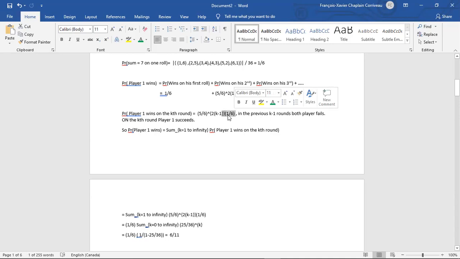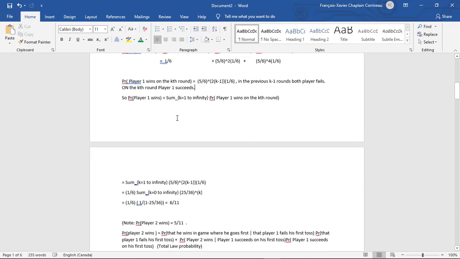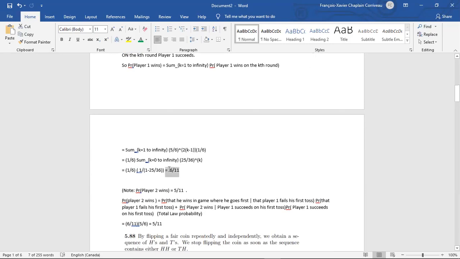So the 1/6 is expressing that. So the probability that player 1 wins the whole game is the sum of these probabilities. You need to account for all different numbers of rounds this game could have taken. And now this becomes 6/11. You turn this into a geometric series.